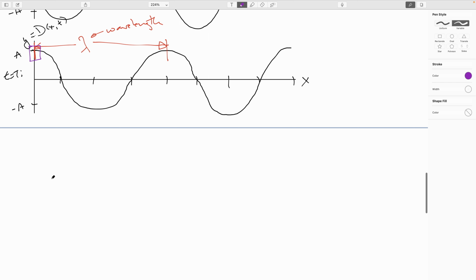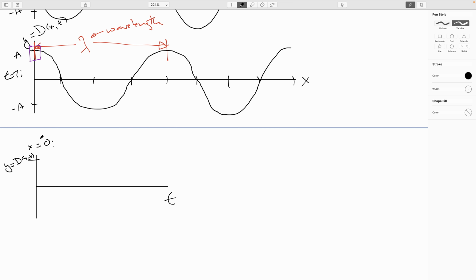Now what I can do is I can make a plot. And this is what's called a history graph instead of a snapshot graph. I'm going to plot the displacement of this, the y coordinate, as a function of time now instead of as a function of position.